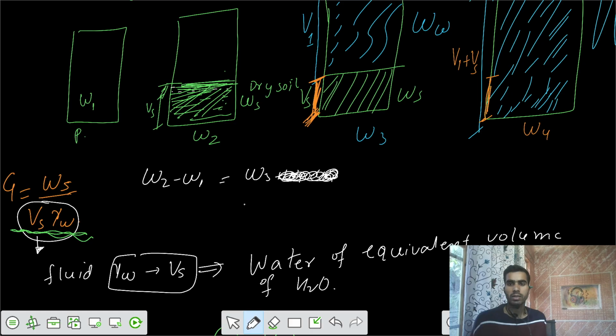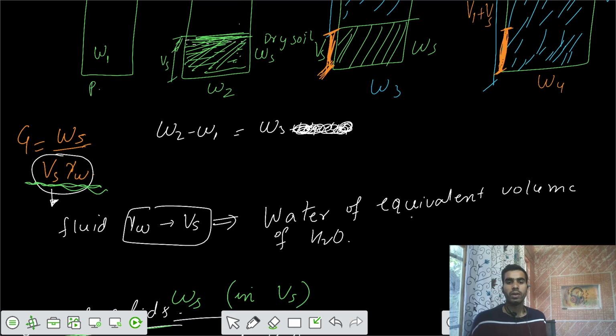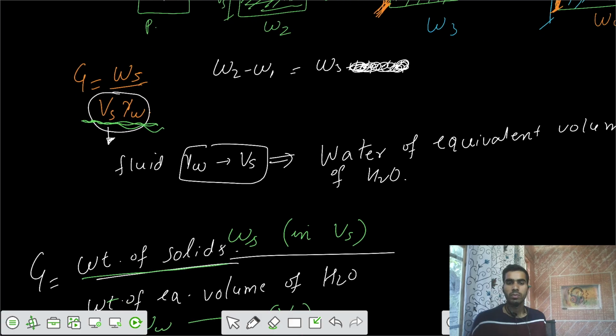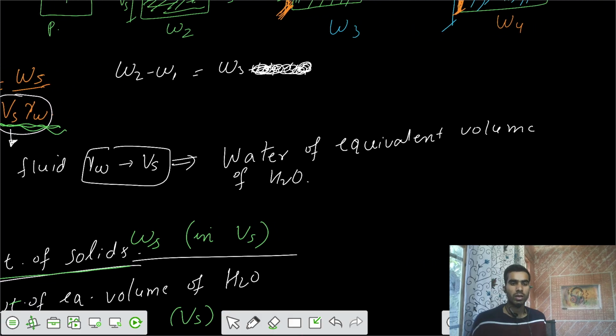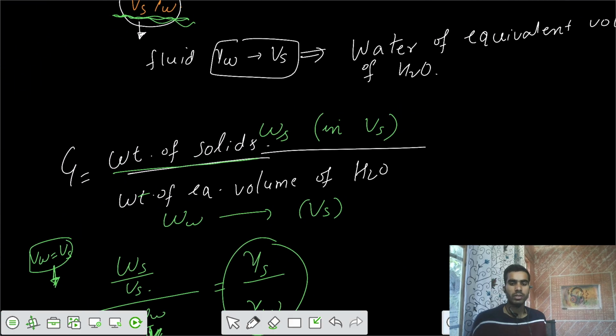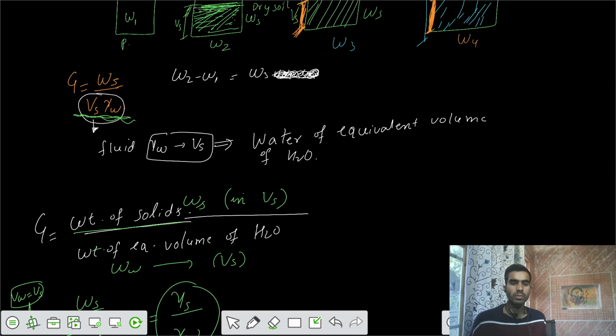So we have some water of unit weight gamma W occupying that volume of solids Vs. Can you see that? We need to get the value of Vs gamma W somehow.